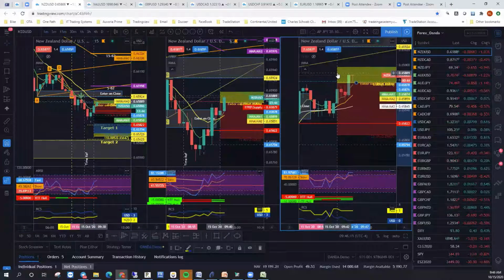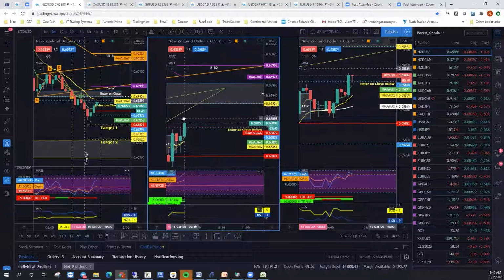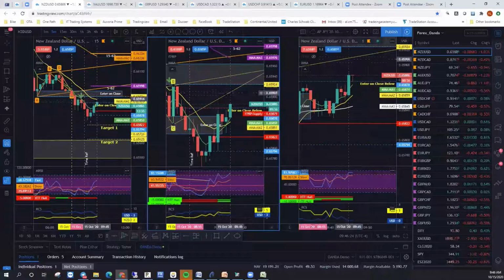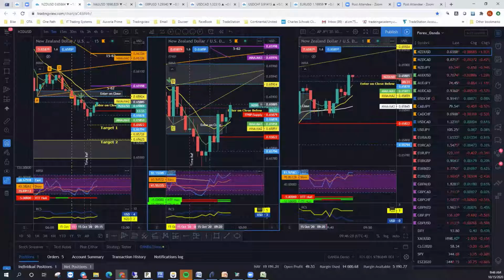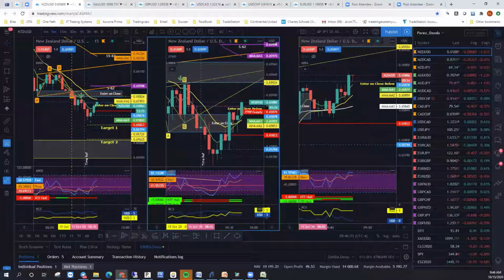Take this off, just more clutter. Right now this is coming up to respect the bottom of the wedge. Here's the initial wedge, here's the secondary wedge coming up, here's the area that we got in. Now it's just coming up to retest that area.